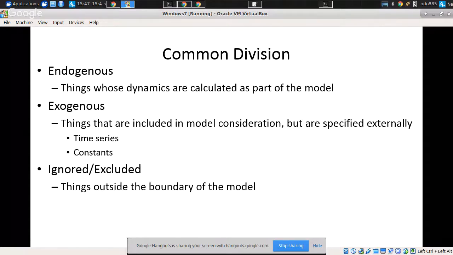Is this model a tool for bringing people together to have a common understanding of how a system works? Is this model being used to help debug our thinking about how certain processes interact? These are all legitimate uses of a model.